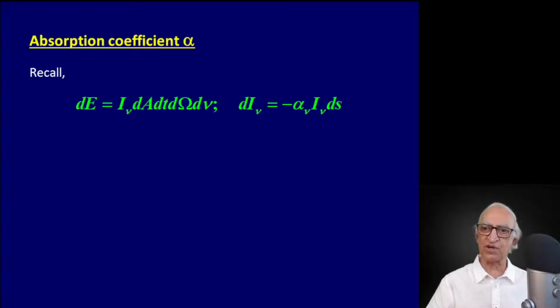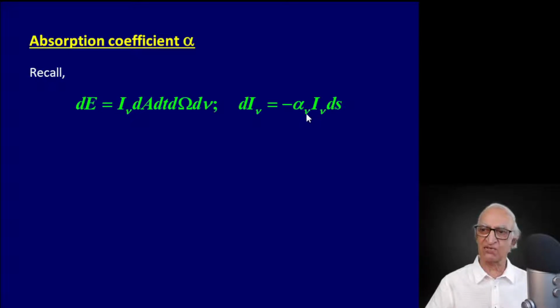Similarly, the absorption coefficient, if you recall the definition of absorption coefficient, we defined the specific intensity I nu, and we said if there is an absorber over a length ds, a fraction alpha of the incident specific intensity is eaten away. dI therefore is equal to minus alpha I nu ds.